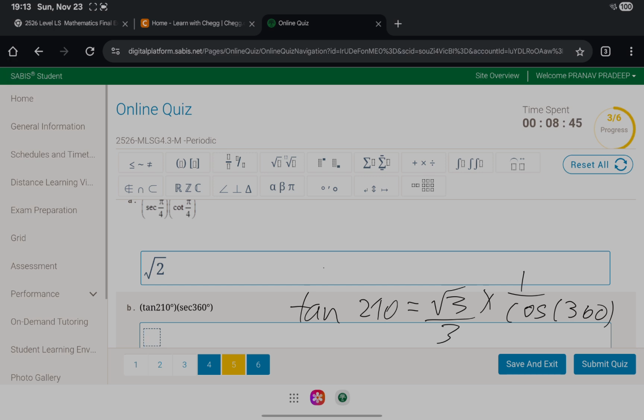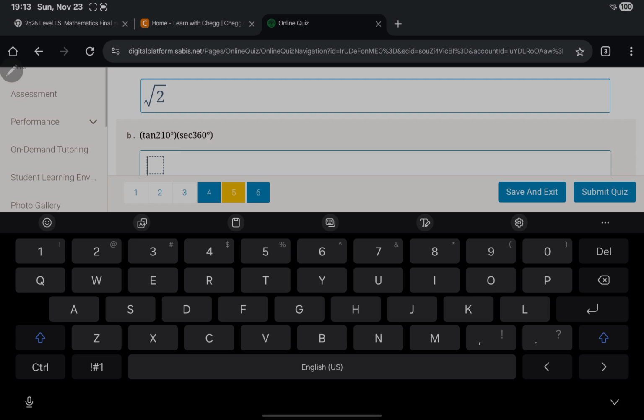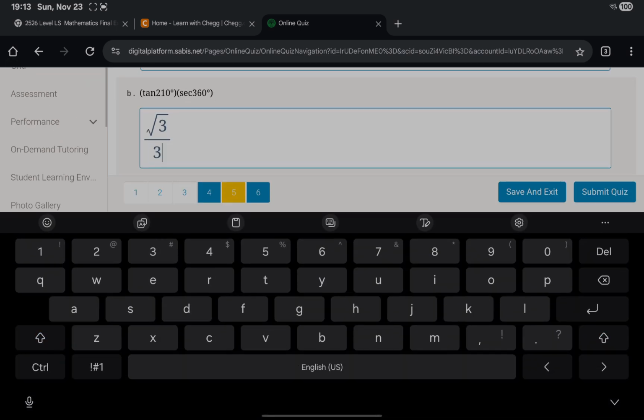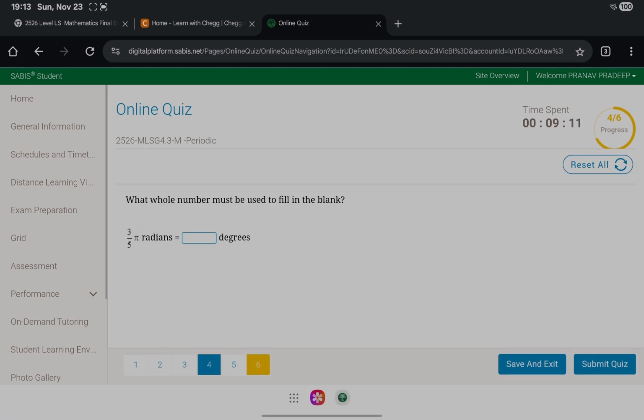Do that on your calculator and you'll get 1. So that's radical 3. So the answer is radical 3 over 3 times 1. So just put in fraction form and put radical 3 on the numerator and 3 on the denominator.